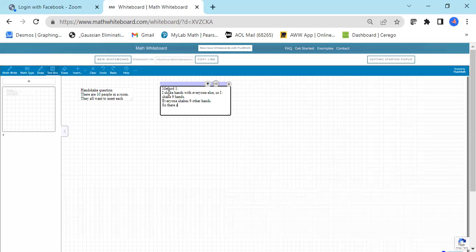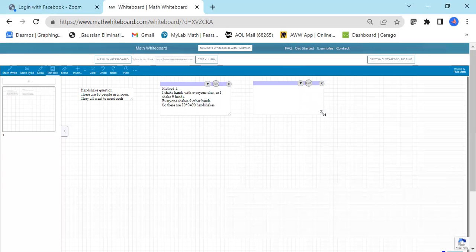So there are 10 people, and each person shakes 9 hands. So there's 10 times 9 equals 90 handshakes. Makes sense, doesn't it? There are 10 people, and every person is going to shake 9 hands. So that's 10 times 9, or 90 handshakes.